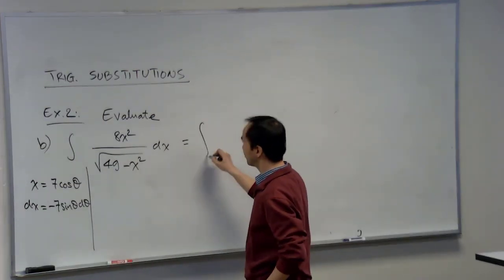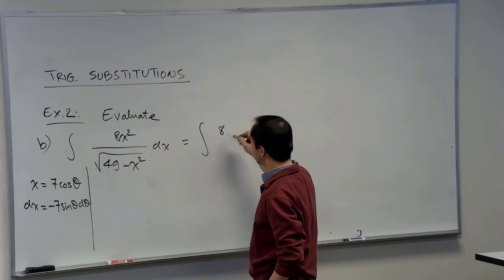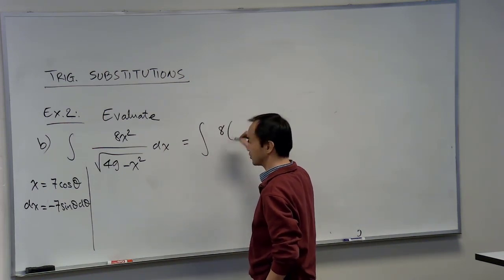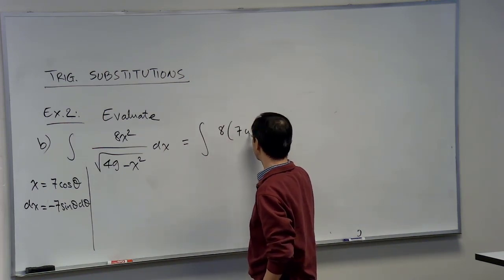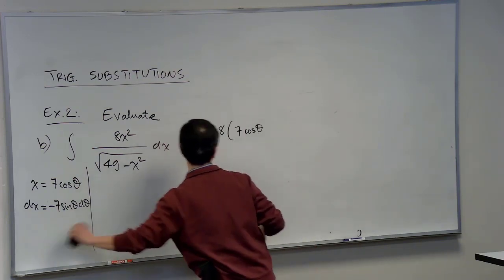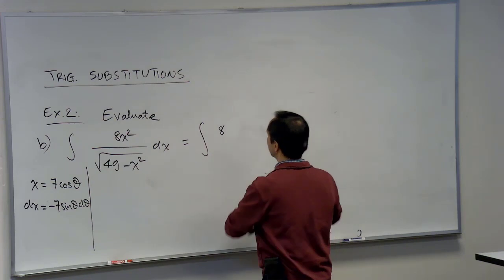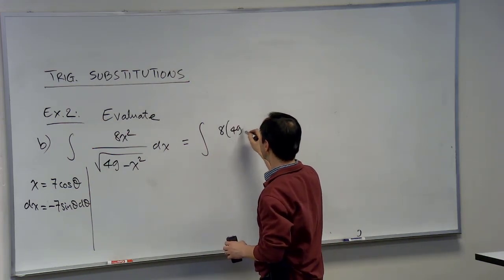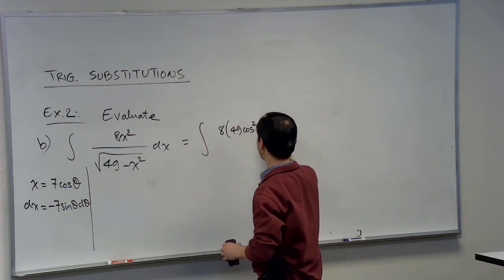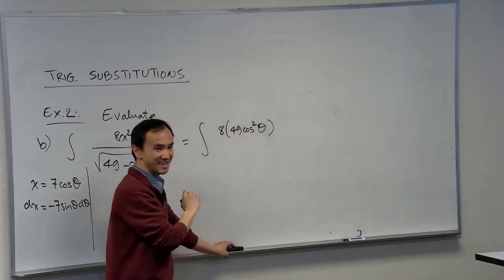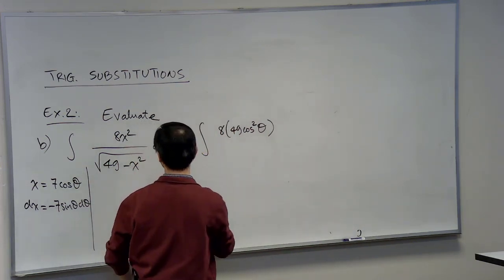we're looking at the integral of 8 times, so x is 7 cosine theta, so we have 7 cosine theta all squared. You guys are advanced enough, so let me just substitute that straight in as 49 cosine squared theta. That's after substituting in for the square on top.